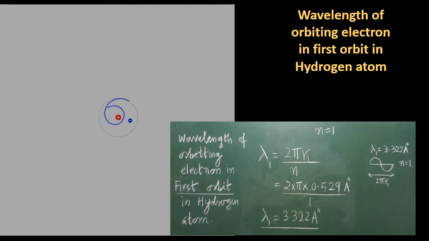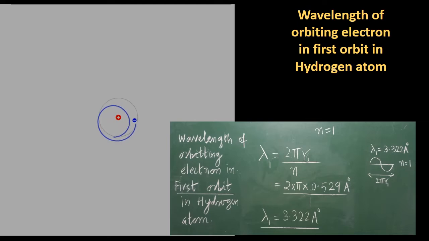Now the electron is not yet placed in the first orbit. Now I am going to move the electron into the first orbit. Now you are able to observe how the standing wave pattern is created in the case of the first orbit electron.